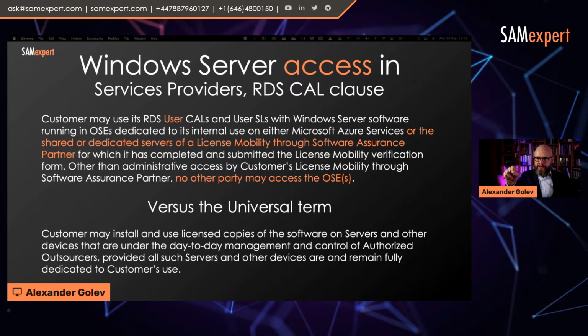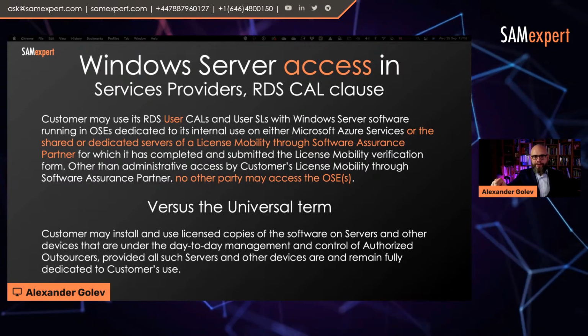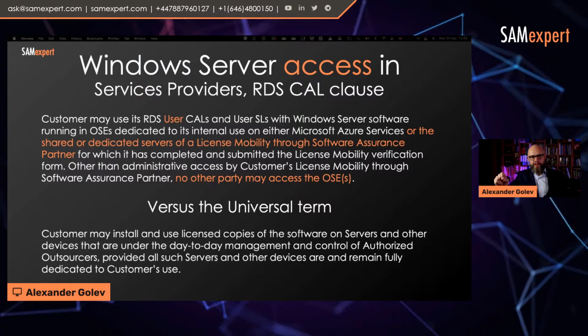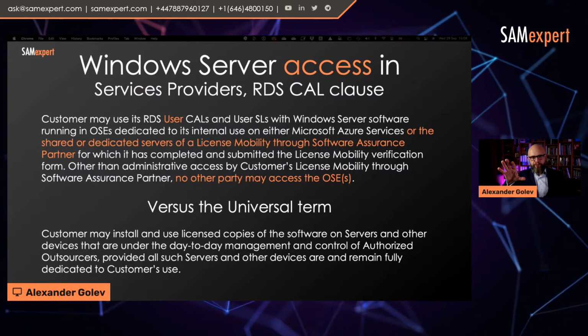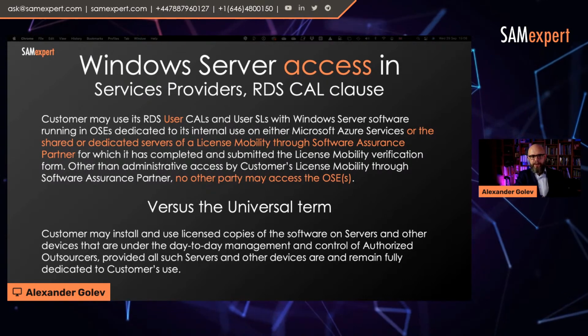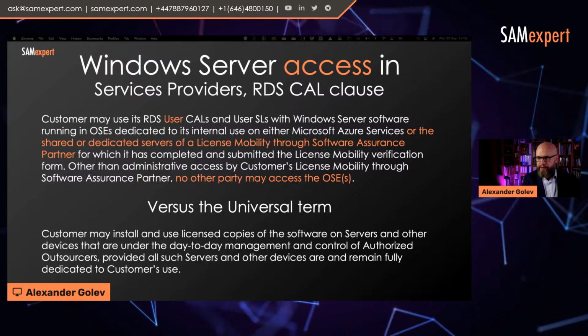So for those of you who are licensing geeks, take a screenshot now, smoke it, and then I would like you to come back to me somewhere on LinkedIn and let's discuss this, because my brain is completely fried by this. In one section they say one thing, and in the other they say a different thing. I don't really get this.